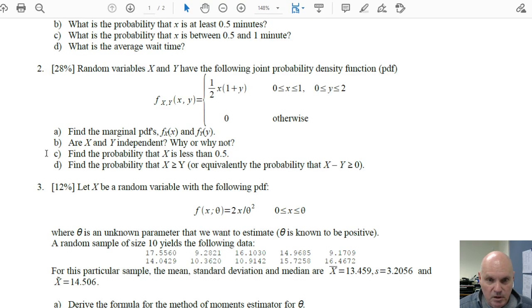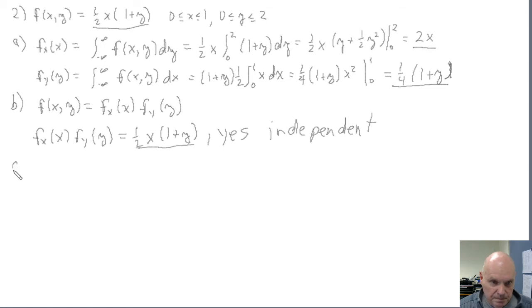Let's see, moving on to part C. Find the probability that x is less than 0.5. In this case, we're interested in the probability that the random variable x is less than 0.5.